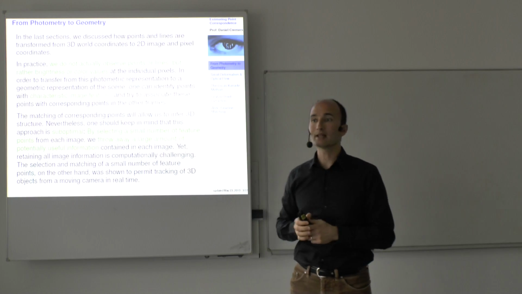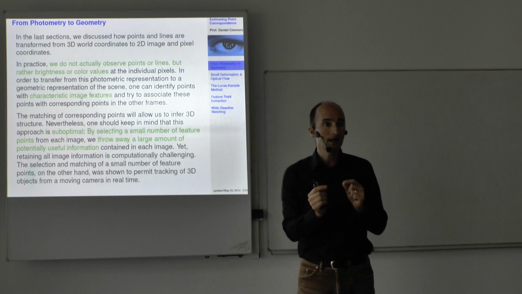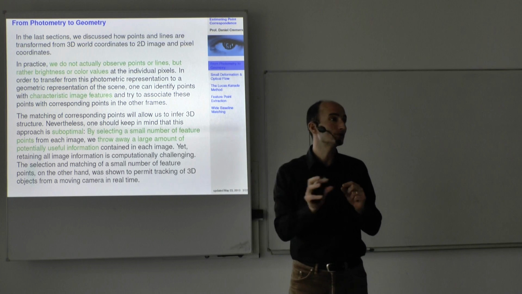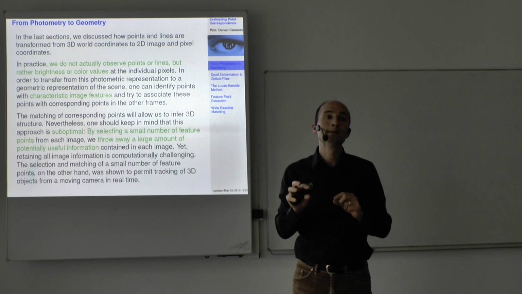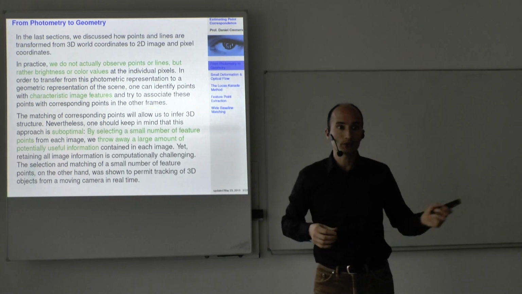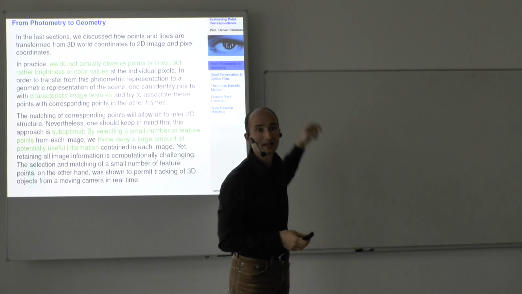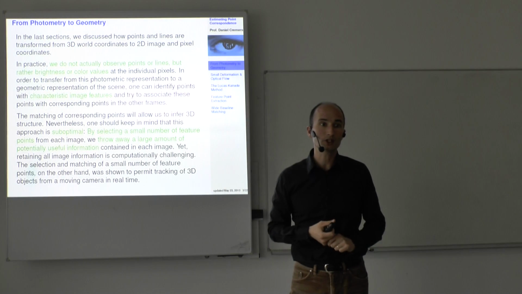And so this is quite a challenge, to devise feature descriptors that have these properties, that are invariant to rigid body motion of the camera and to certain transformations, to illumination changes. If someone comes in and switches on the light, you want to still be able to find the same point even after the light was switched on.